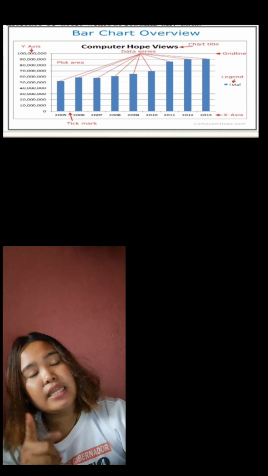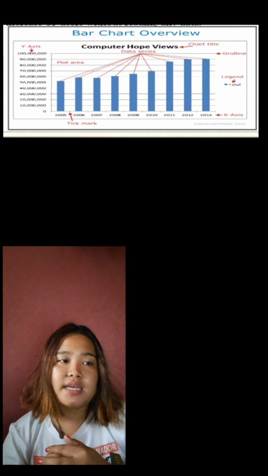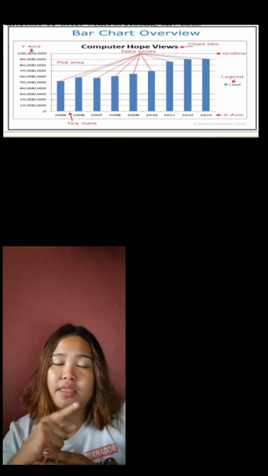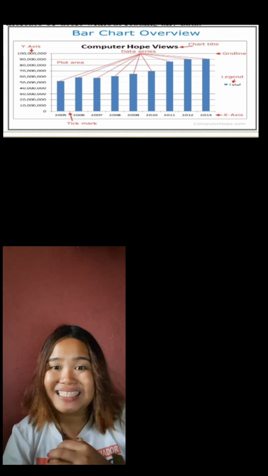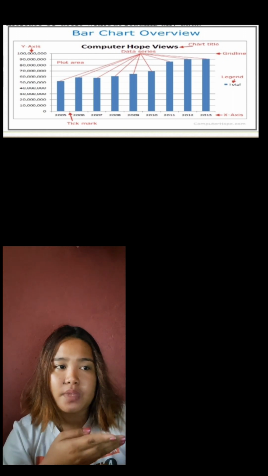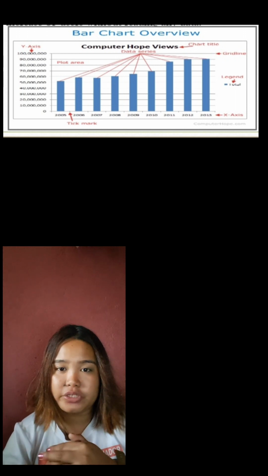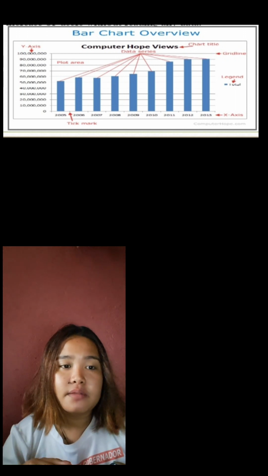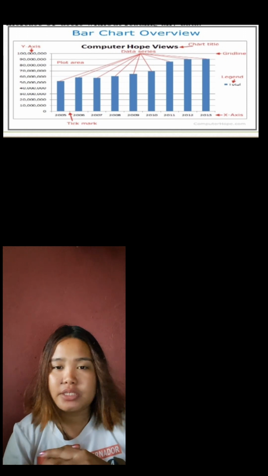As you can see in the example I'll provide, here is the y-axis and the x-axis. The y-axis is the number of users, and the x-axis is the years.